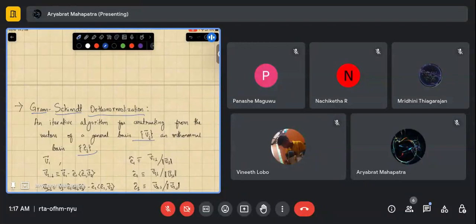So this is just a technique: if we are given some arbitrary basis of vectors, which I denote by v_j, and they are not orthonormal in general, then you can apply Gram-Schmidt orthonormalization to make an orthonormal basis e_j.